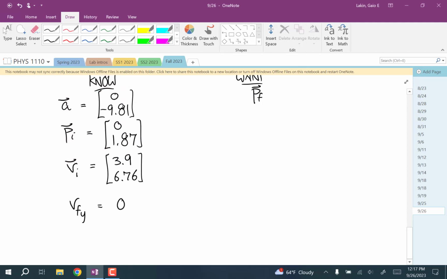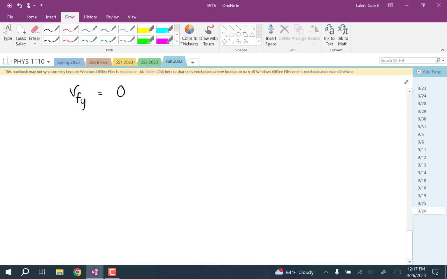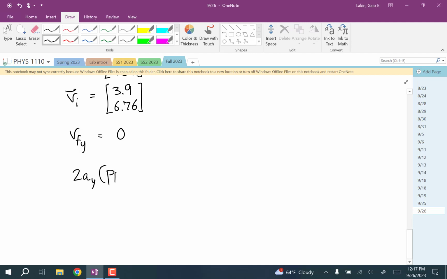Well, right away we can solve for the y component of this. So let's use this one. 2 a y component times the quantity PFY minus PIY is equal to VFY squared minus VIY squared.